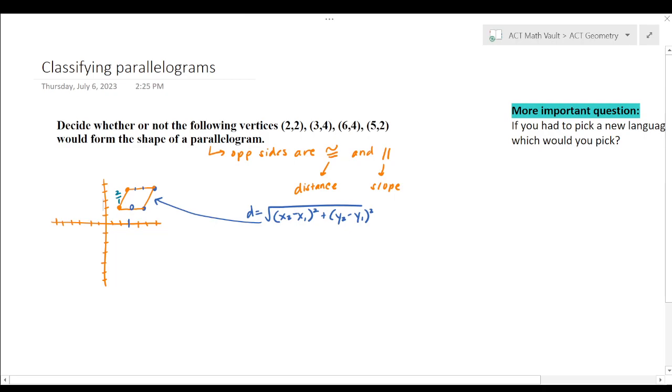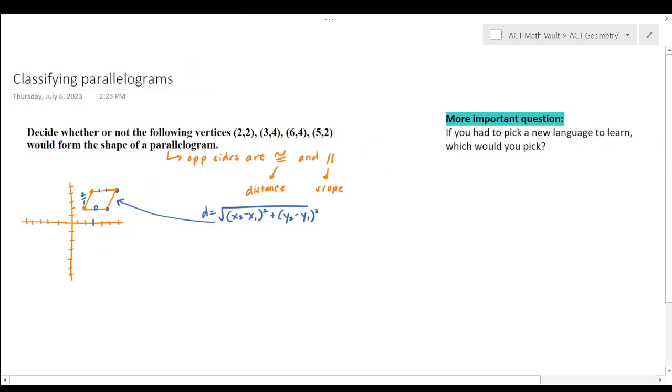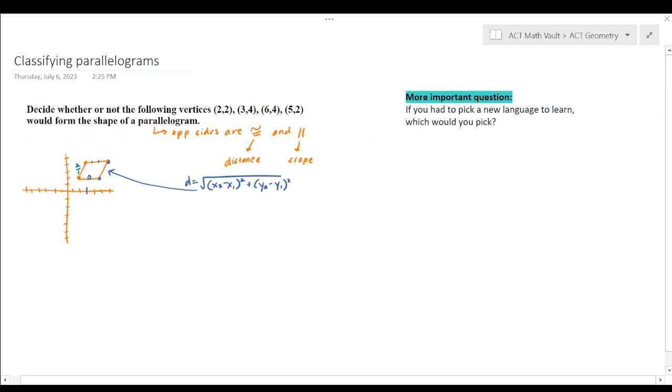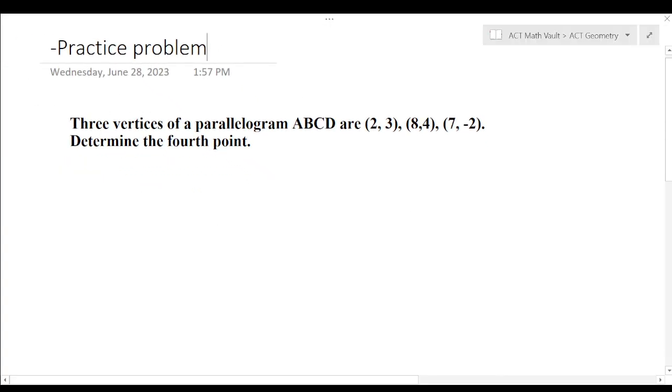What I think you might want to work on is the more common question that I've seen on the ACT, and that is figuring out, if you're given 3 vertices, what is the 4th? Okay, so we have 3 given. You would draw them out and try to figure out the 4th point.